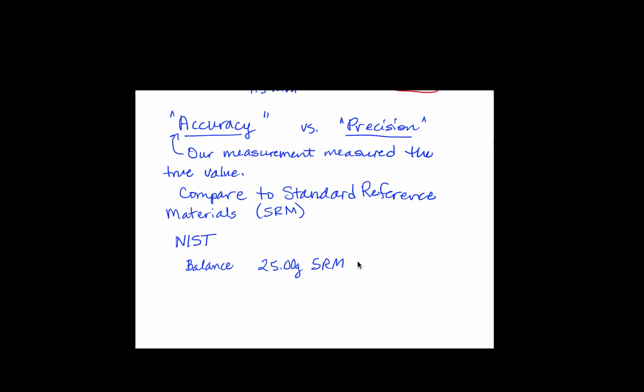And if my tolerance for that instrument was 0.01 gram, and my balance showed that my mass was 25.01 grams for one measurement, and then maybe it was 25.00, and it kind of went back and forth within plus or minus 0.01 gram, I would know that my balance was giving me the accurate value for that standard reference material.